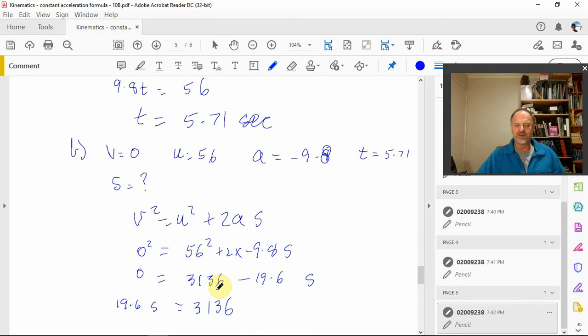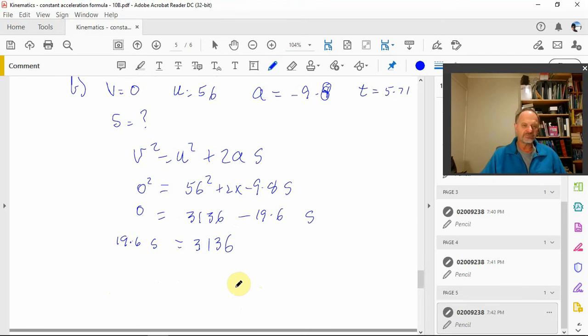Then divide by 19.6, and you get that it's 160 meters is how high it is. All right, so someone's got a pretty good arm to be able to throw it at that speed to that height. All right, so that's the constant acceleration formulas.